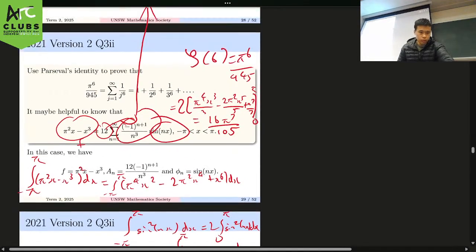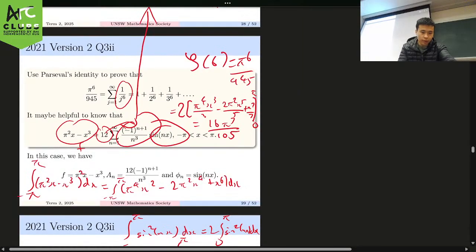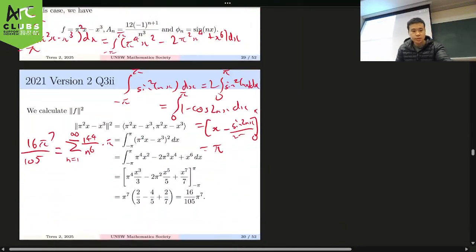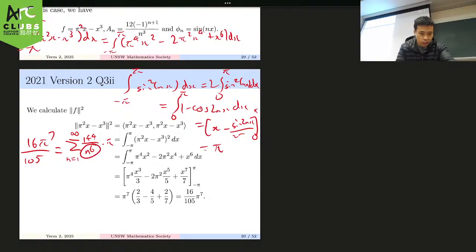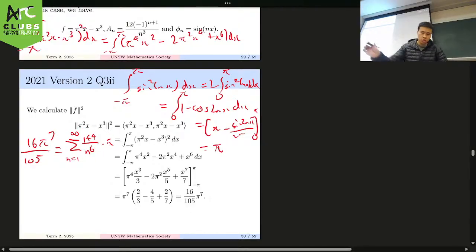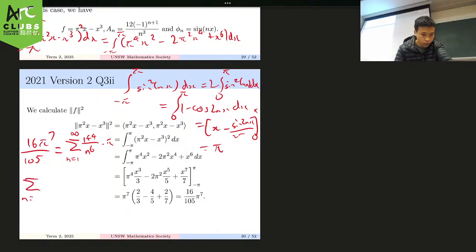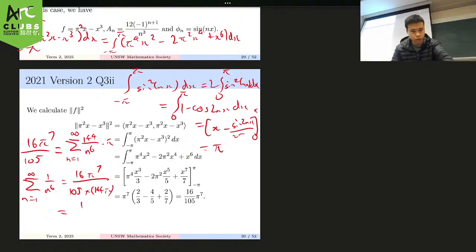So that's really close to what we're after now. What we're after is one on n to the 6, who cares. So what we have is this. We just need to move this out of the way. So you just divide that over because it's a sum, so it's fine. So 16 pi to the 7 on 105 times 144 pi is equal to, okay, calculate.